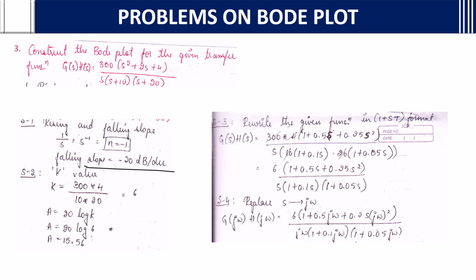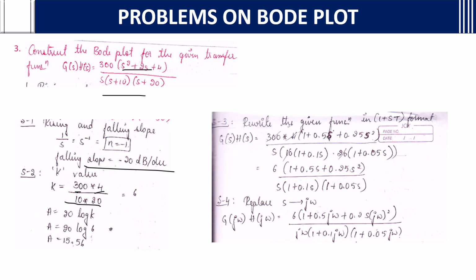Then the k value, you can find directly like this, or while working you will get the k value finally. First you can find the k value. How? On the left, we have numbers like 300 into 4. You take 4 common, 10 common, and 20 common in the numerator. So you will get 300 into 4 by 10 into 20.